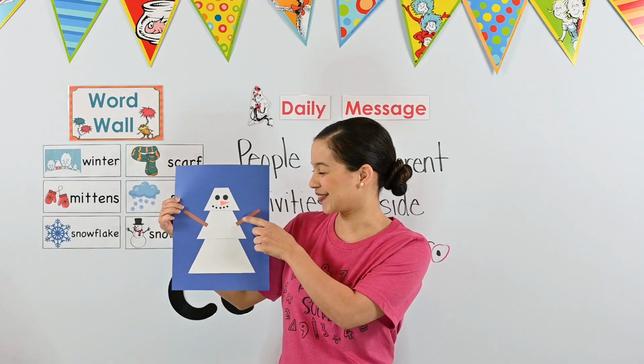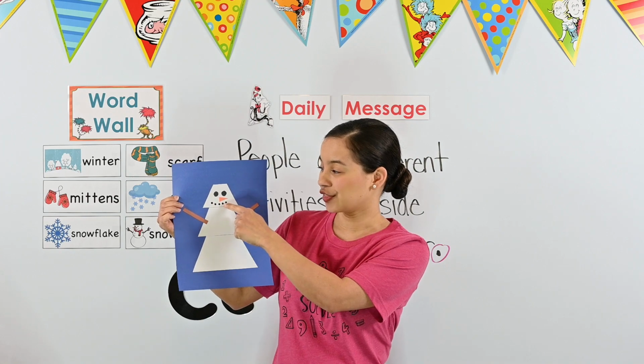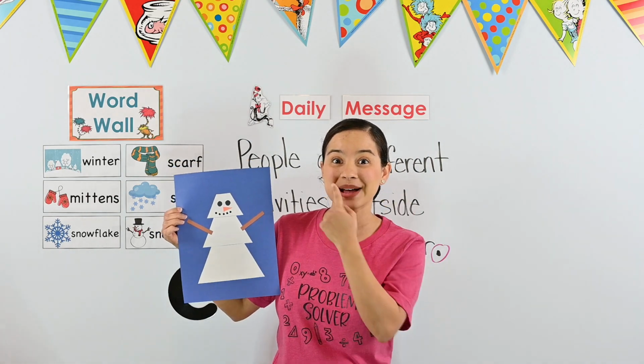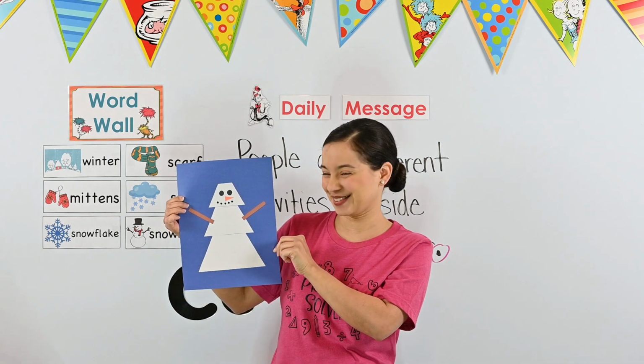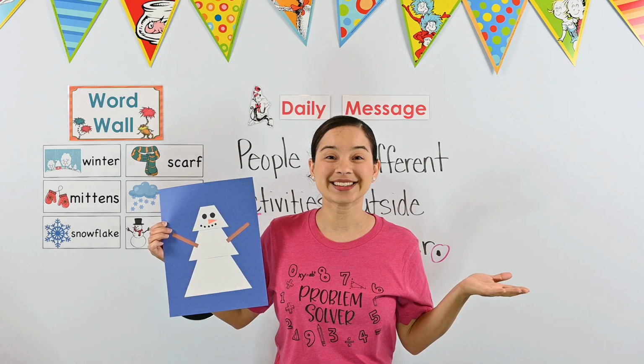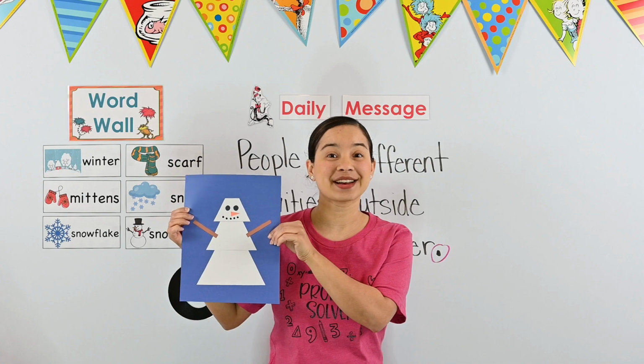His arms are rectangles. What about his eyes and his mouth? Which shapes did I use to make his eyes and mouth? I used circles. And what shape is his nose? It's a triangle. It looks like a little carrot.